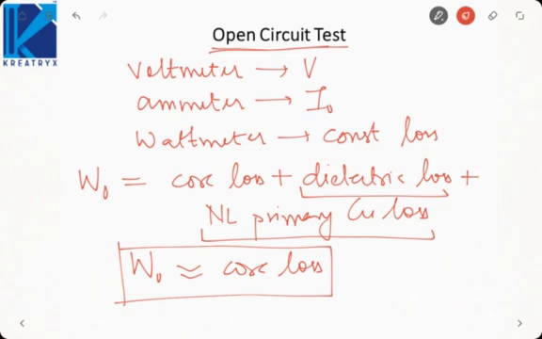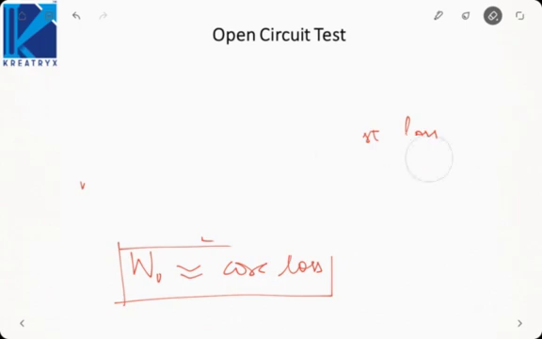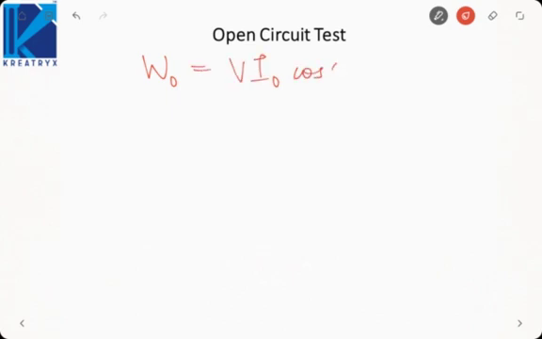Now the other objective is to find R0 and X0, that is the parameters of the shunt branch in case of transformer. How to find that? The no load power recorded by the wattmeter will be V I0 cos phi0. I0 is the no load current, cos phi0 is the no load power factor.